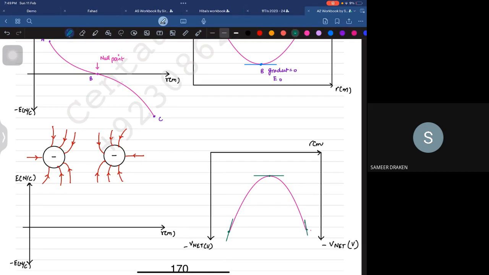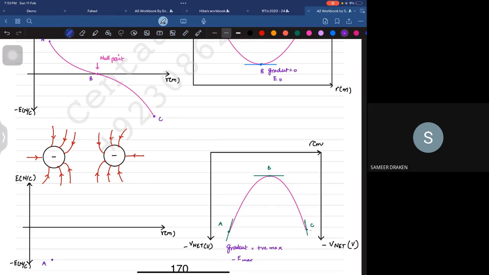Let's mark them A, B, C. Abu Bakr, the first one, please. Gradient is positive and maximum. Very good. So electric field strength will be negative and maximum. So we're going to put it here.